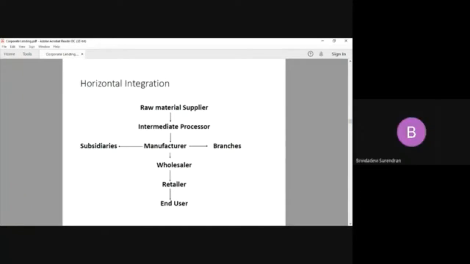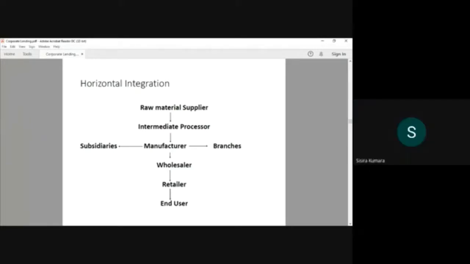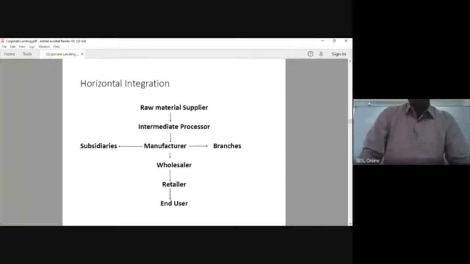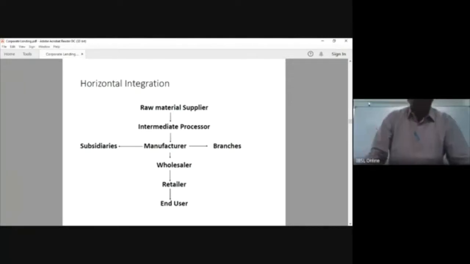MAS Holdings. Which way have they integrated? Horizontal, then also vertical. Horizontal, as they have branches, Mawathagama, Kuliyapitiya also. Okay, good.